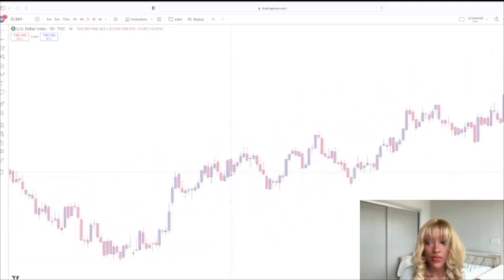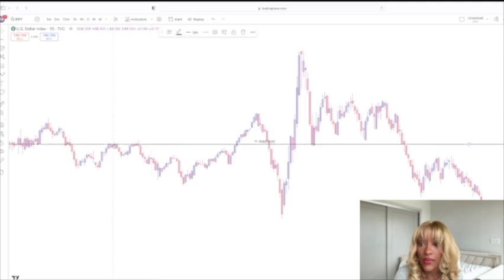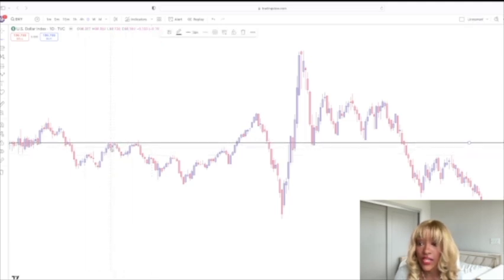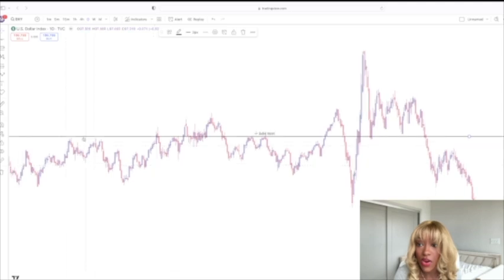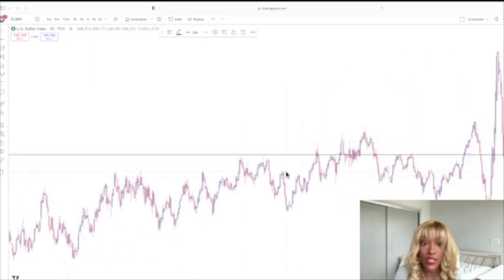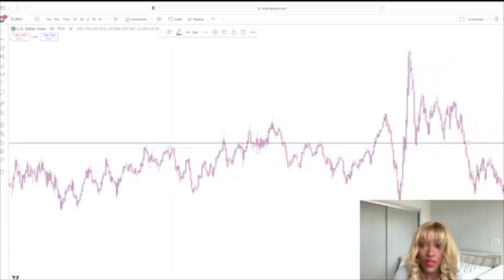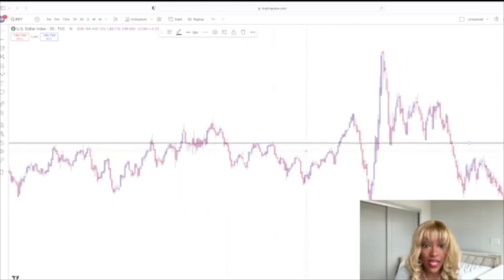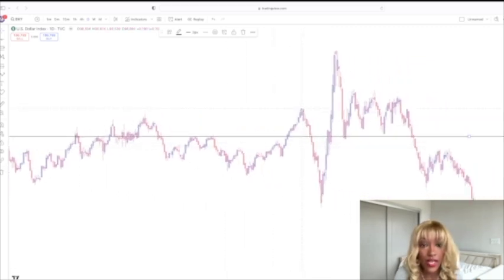Let's go back a little further. So I would say right here is a pretty good resistance area. So price failed to break above for a while. So if you scroll back to the left, you see price stayed below that 98.423 area for quite some time until it broke out.